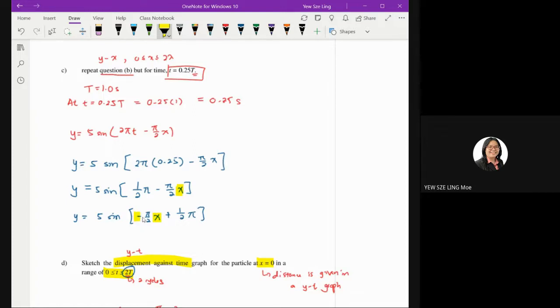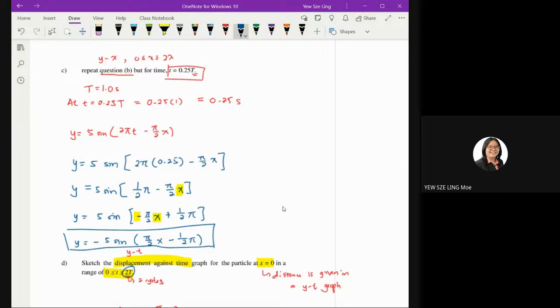So you will have y equals negative 5 sine bracket pi over 2 x minus 1 over 2 pi. So you factorize the negative out. This is the equation that we're going to use to plot the graph.